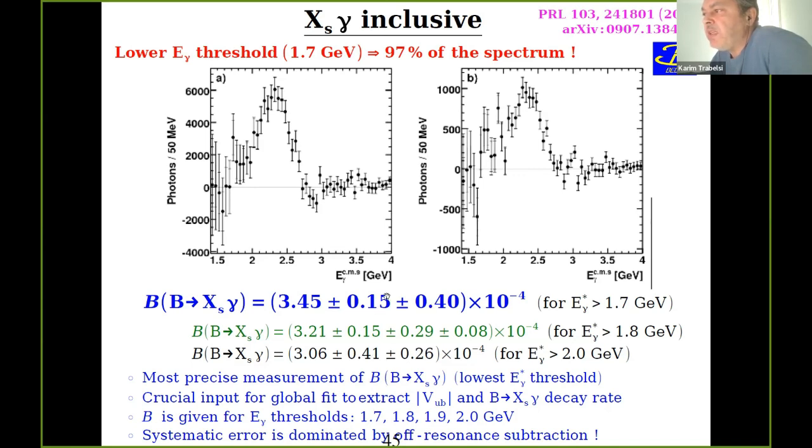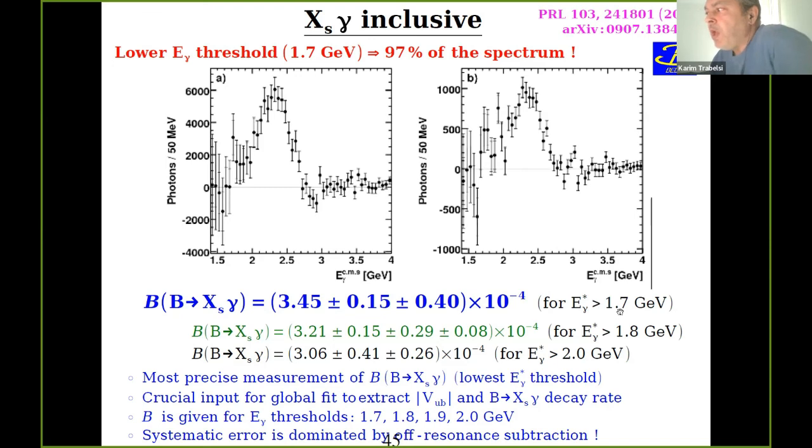So you gain in statistics, but you lose in systematic. So it means that the data you have added suffer from a much larger systematic. So this is exactly the effect I was talking about. So it means that for now, you have a systematic limitation of your measurement.